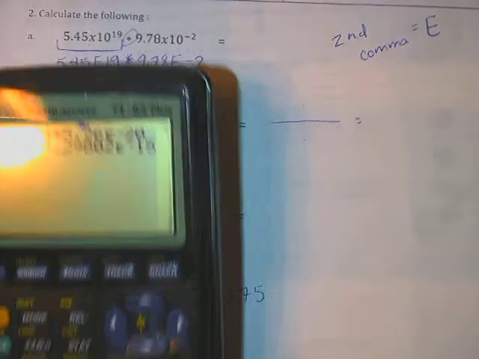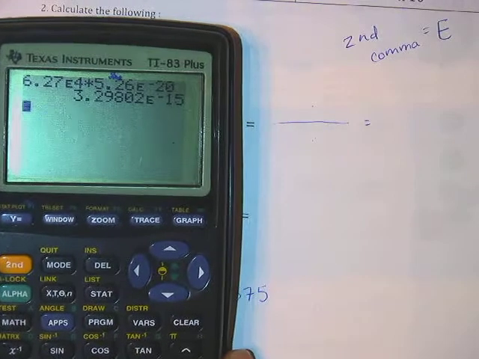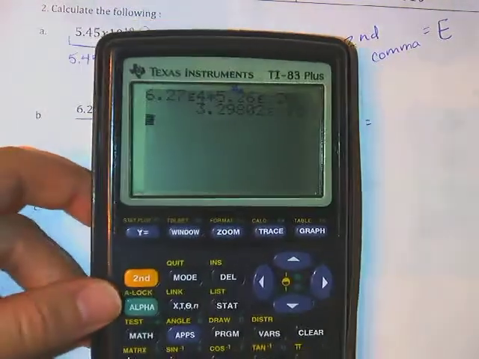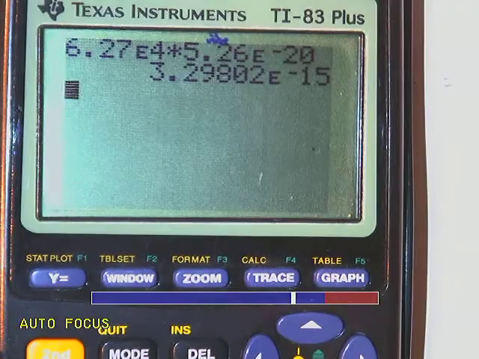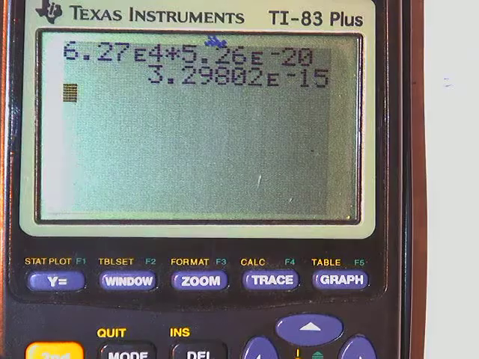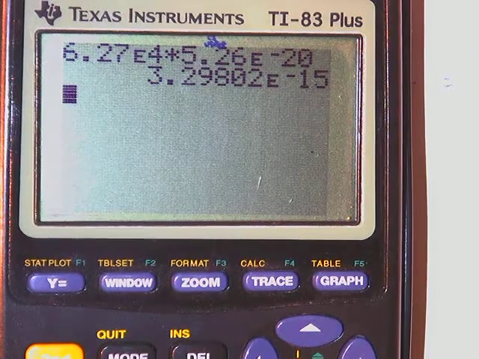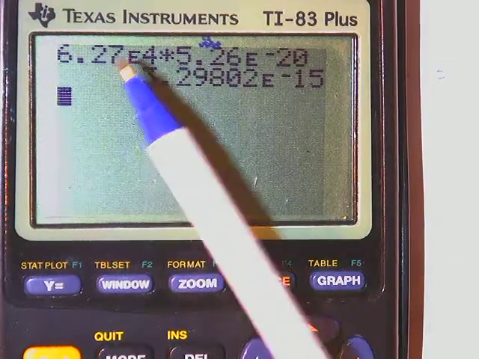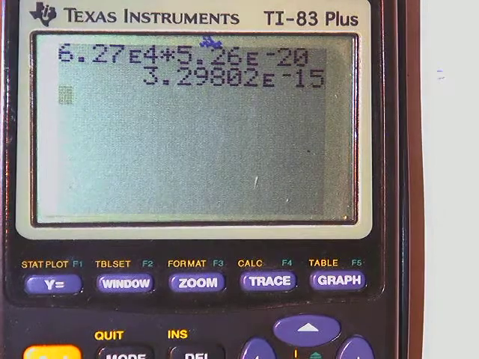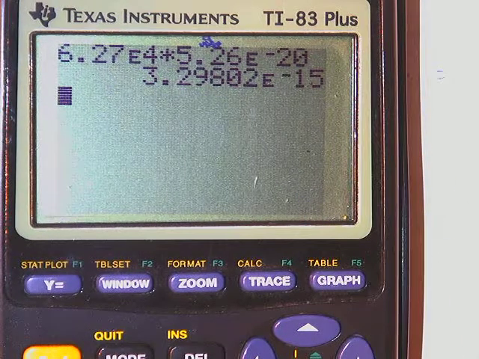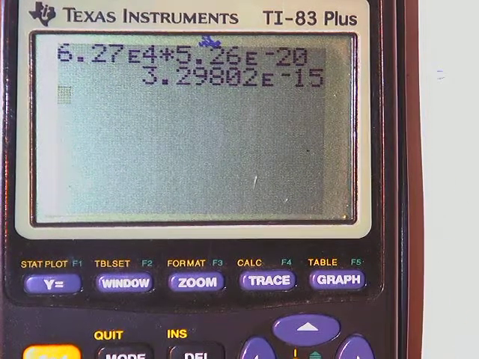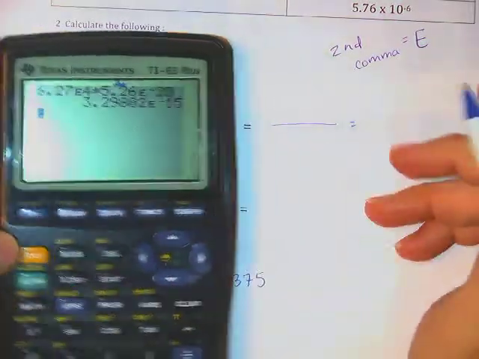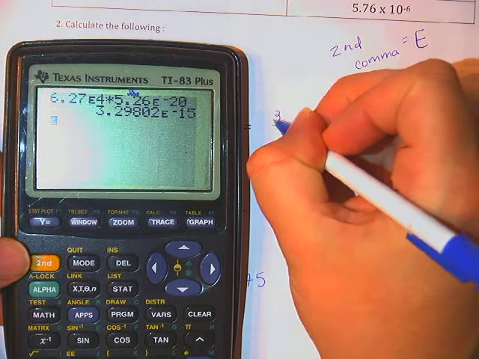And if you're typing it correctly in your calculator, it should look like this. And if you're not typing it in your calculator correctly, you're going to have something different there. So please double check. Look at your calculator, look at my calculator. Do they look the same? Did we get the exact same answers? In either case, hopefully you have been typing it correctly.